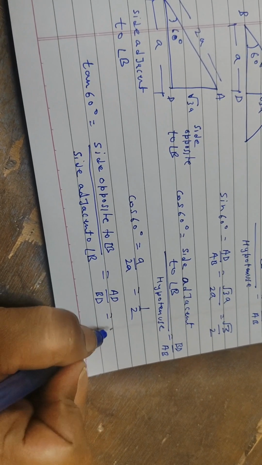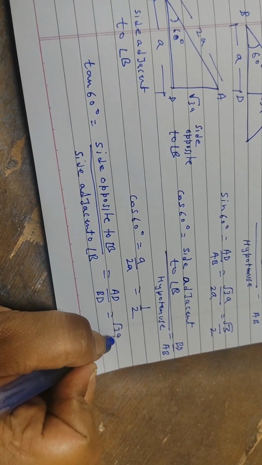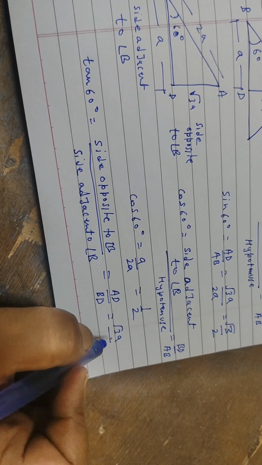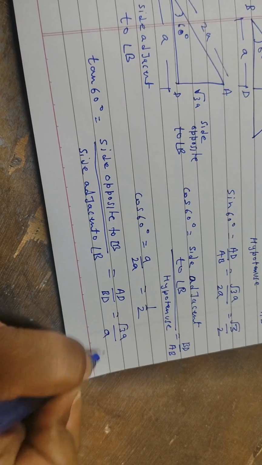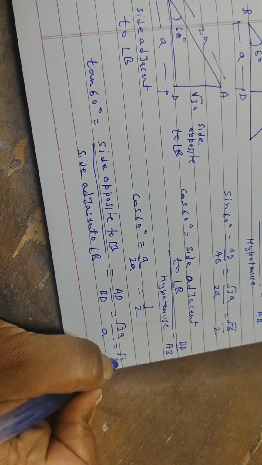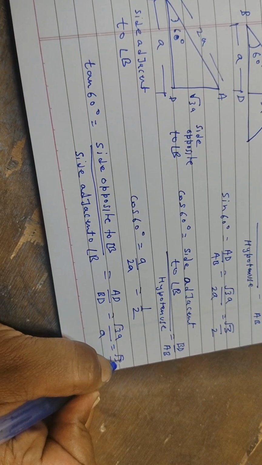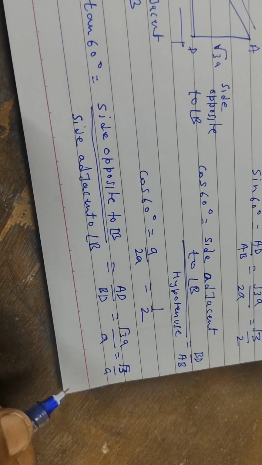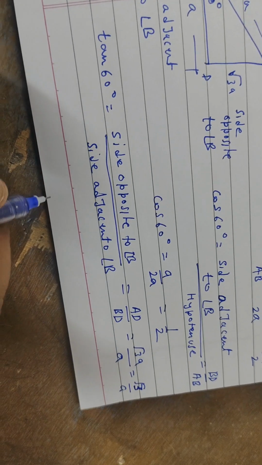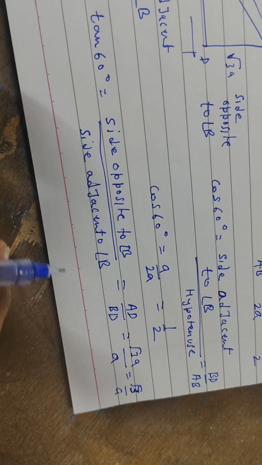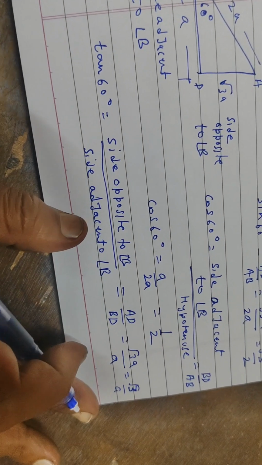So here AD is root 3A and BD is A, which will cancel. So this is tan 60, root 3.